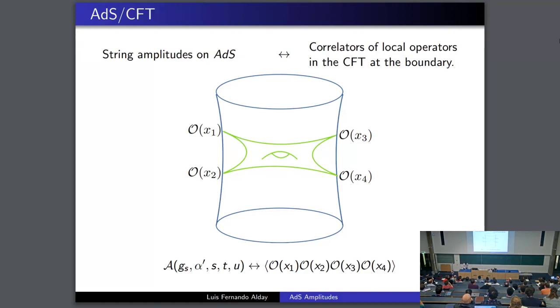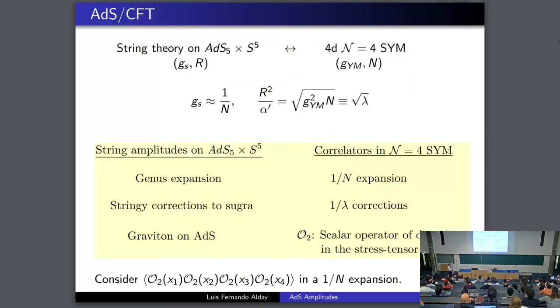In this case, we are dealing with a 4-point amplitude, so on the right-hand side, we have a 4-point correlator that we need to consider. I don't know if you have seen AdS/CFT already in the school. You have, but let's define it more properly.